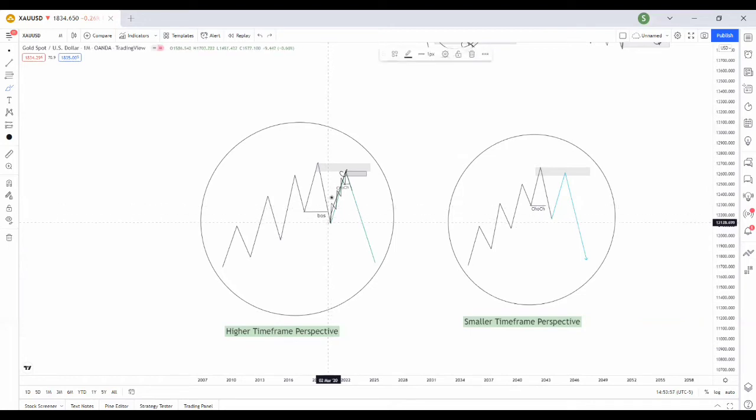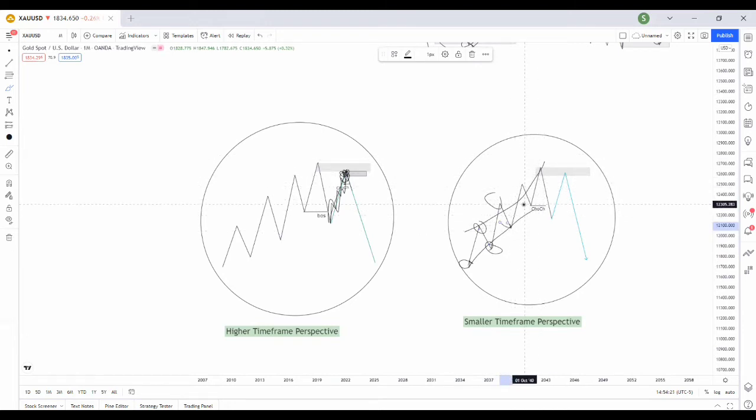So what you have to do is wait for price to return to your supply zone or your demand zone. When the price returns and mitigates that area, go to a smaller time frame. You will see price moving and creating high highs and high lows.